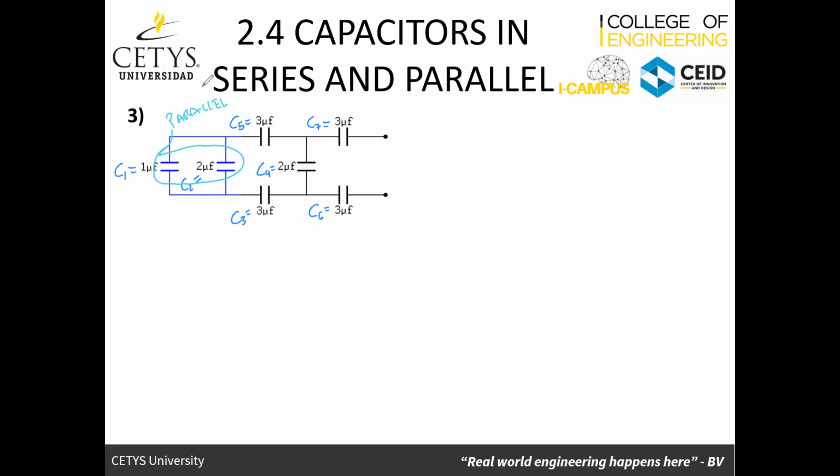So the first reduction is that these two are going to be joined into one capacitor that I'm going to call C12. And I'm going to connect that to the rest of the things that it was connected to.